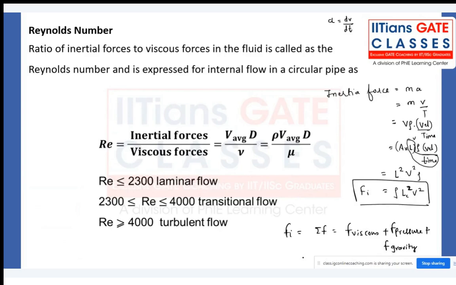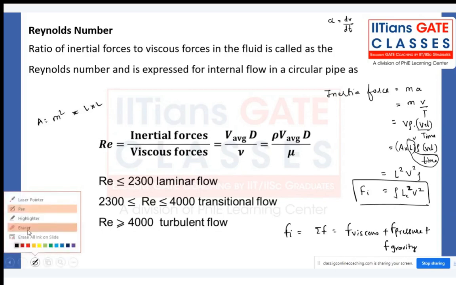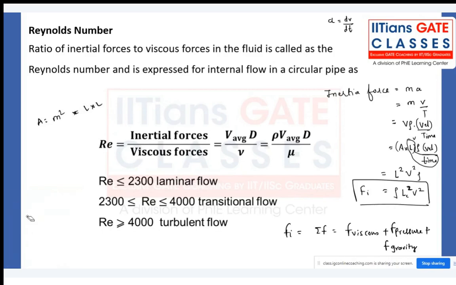I know that area can be anything, but in a very general sense I'm writing area. Area means meter square, so I can write this as L into L. Don't think that this is some square cross section or some other cross section. In a very broad sense I'm just writing area as L square or Lc square.